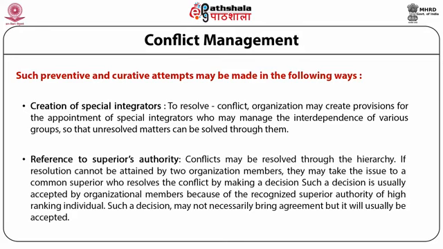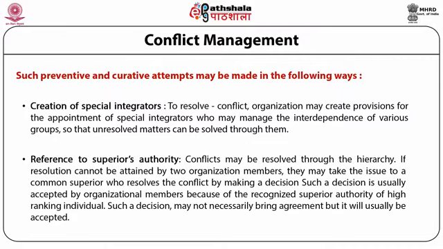Reference to superior's authority. Conflicts may be resolved through the hierarchy. If resolution cannot be attained by two organization members, they may take the issue to a common superior who resolves the conflict by making a decision.